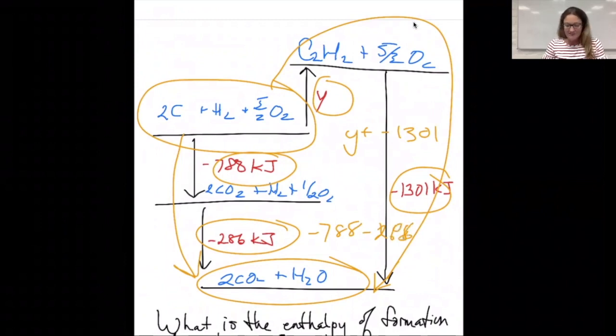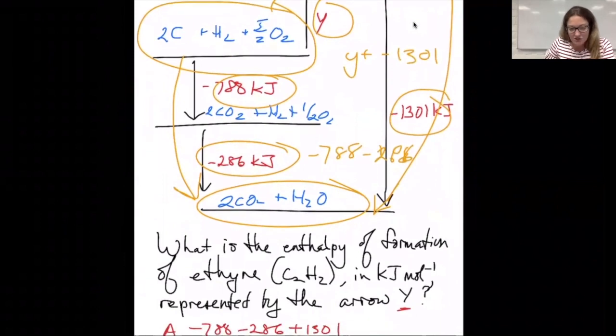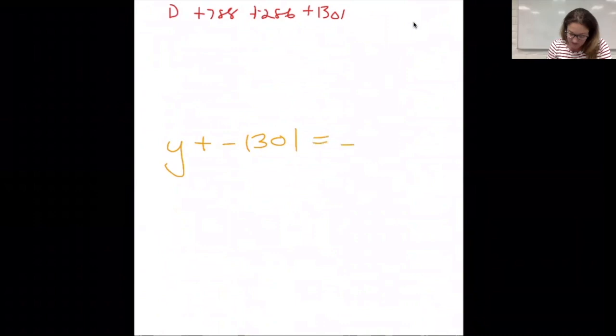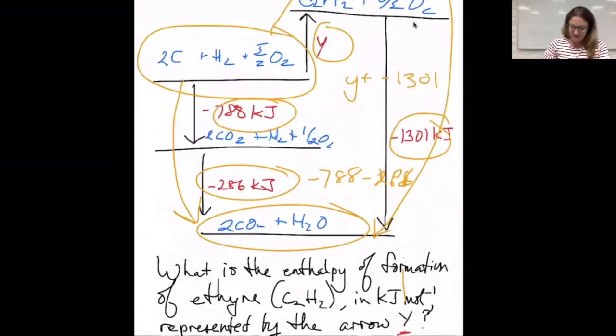And then the question's asking me, what's the enthalpy of formation of C2H2 represented by the arrow y? So I want to know what this unknown is, y. So like I said, I can set up an expression there. Y when combined with negative 1301, or that clockwise path, must equal the counterclockwise path, the negative 788 combined with the negative 286.